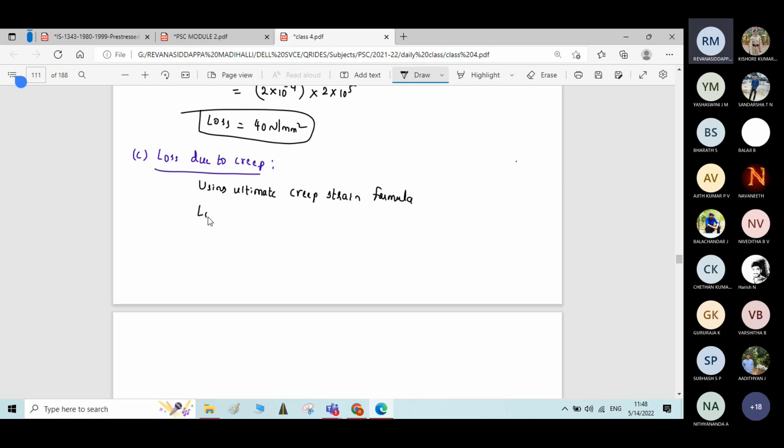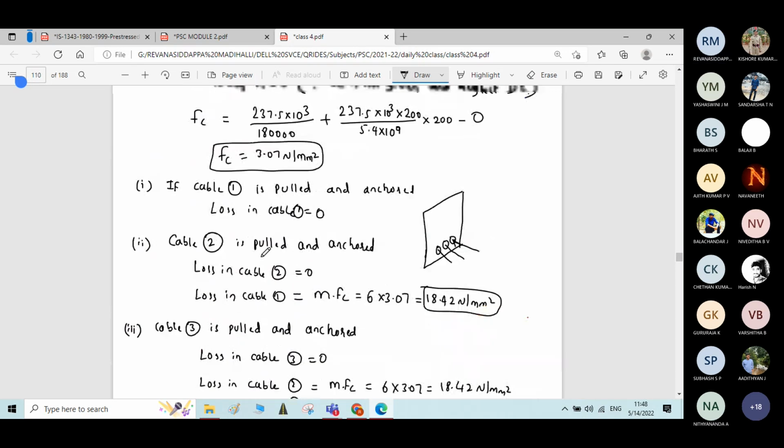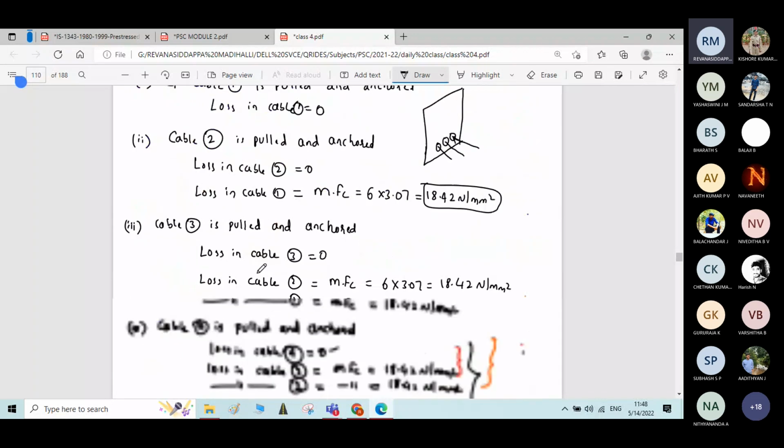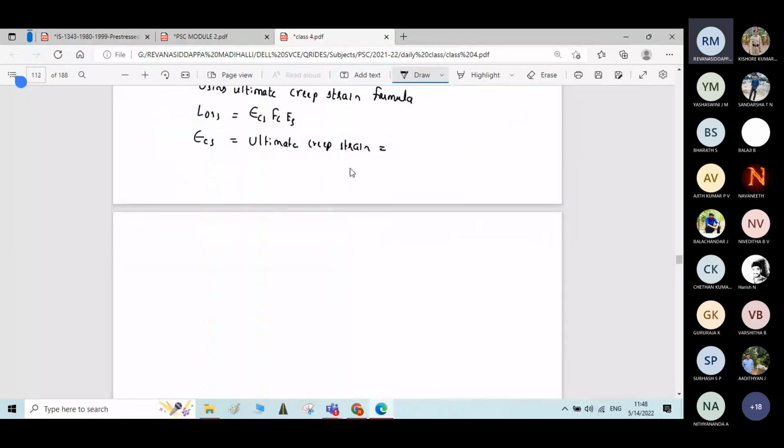The loss is calculated as epsilon cs, fc into Es. The ultimate creep strain is given in the problem. How much is it given? It is given as 4 into 10 power minus 6.